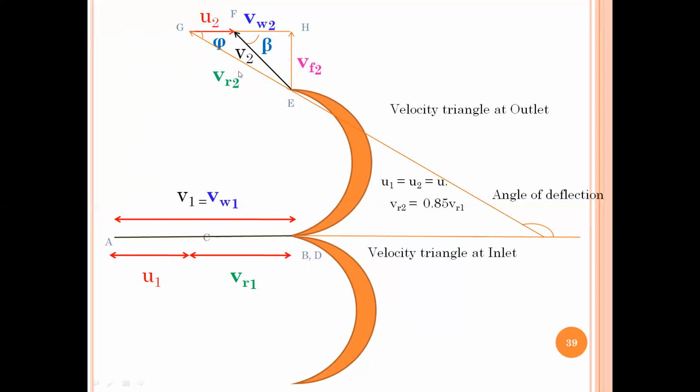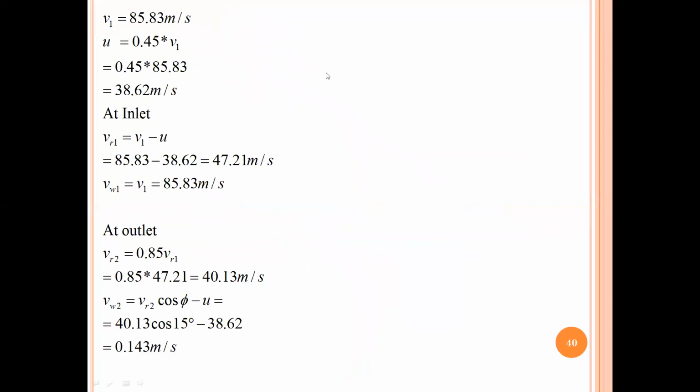Now coming to outlet, we have VW2 is equal to VR2 cos phi minus U2. Now here V1 we know is 85.83 meter per second. U, they have told in the problem, is 0.45 times V1. So when I substitute it, I'll be getting U as 38.62 meter per second.